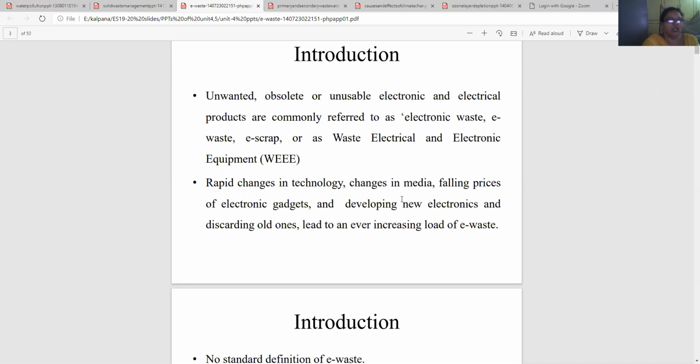Right? In everyone's house, e-waste management is becoming a very big problem. In our college, we generally collect all this e-waste and then hand it over to the NSS department.